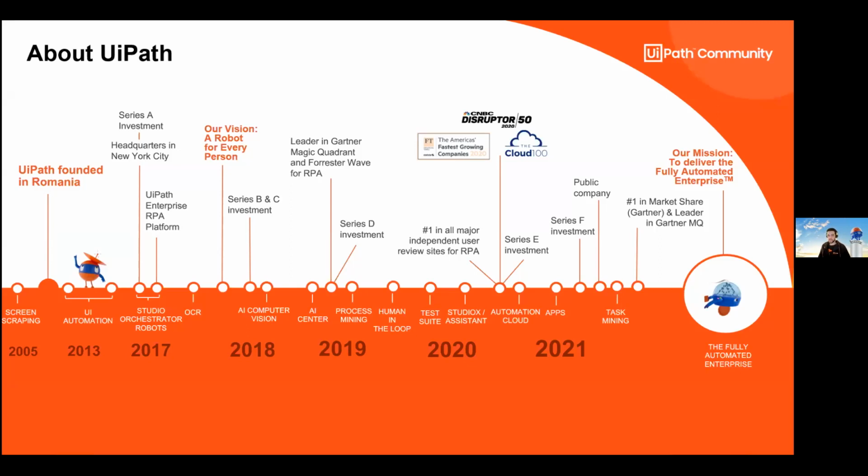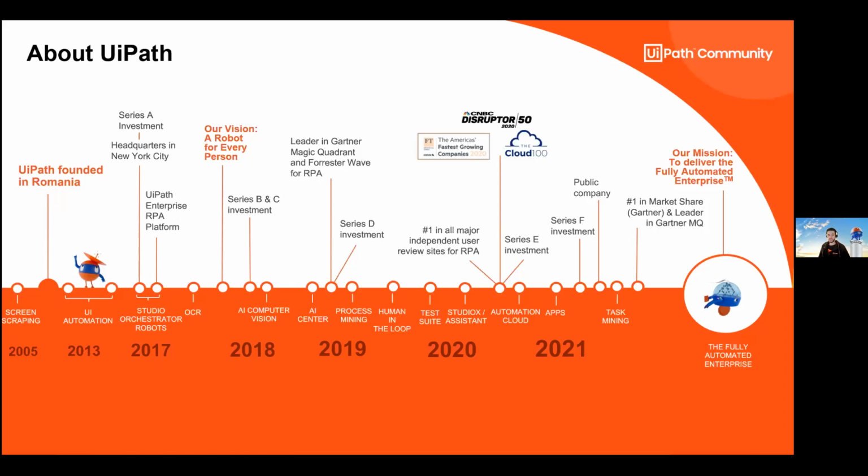Then between 2019 and 2021, Gartner and Forrester published their Forrester Wave and their Magic Quadrant. I think 3 or 4 times for Gartner and 3 times for Forrester. But across these 3 years of those reports, UiPath has been a leader in all of them.